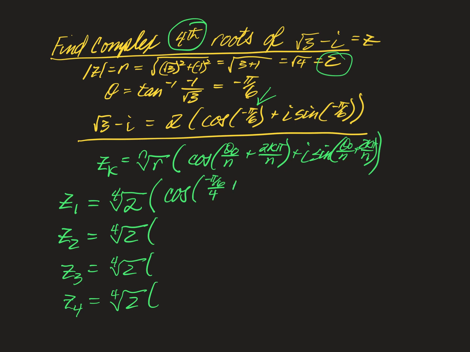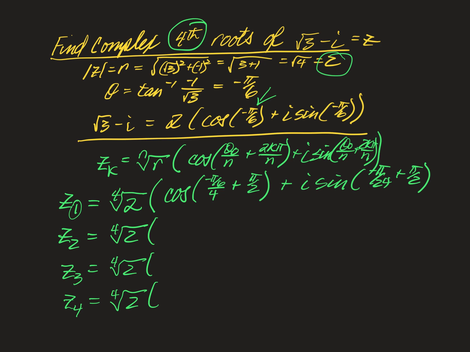And then I'm going to add to that, now the k is 1, so this will be 2 pi over 4. So 2 pi over 4 is actually pi over 2, okay? And then plus i sine of negative pi over 24 plus pi over 2, okay?